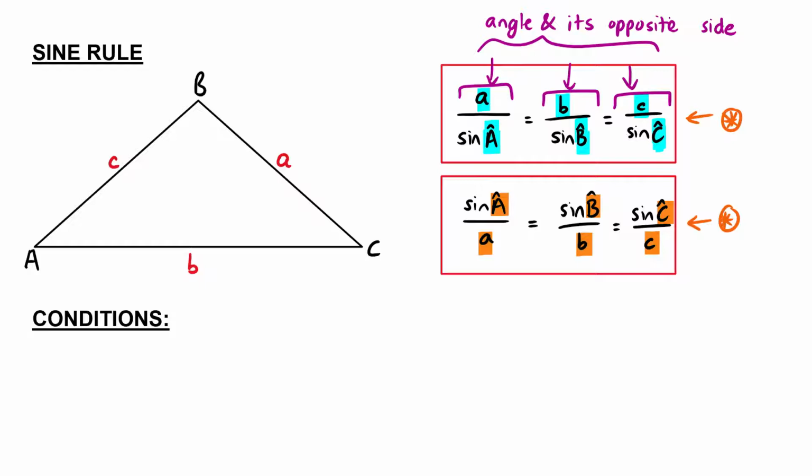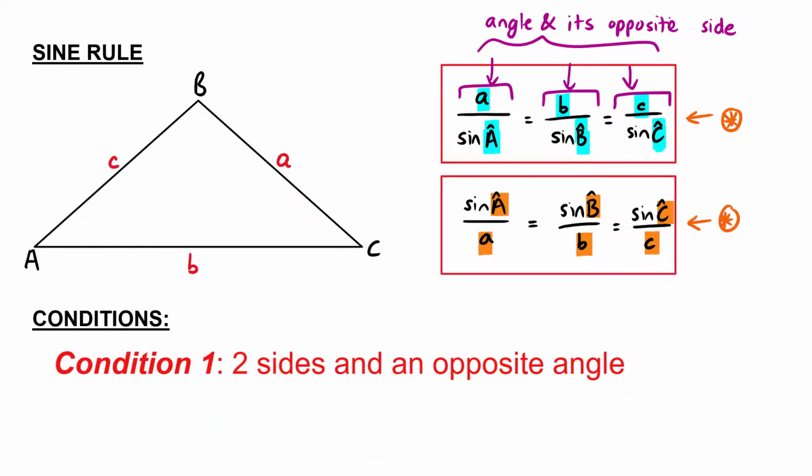And so that brings us on to the conditions that you need for the sine rule. Whenever you get to this section in an exam, you have to memorize these conditions, because by knowing the conditions, you'll be able to apply your knowledge a lot more easily. The first condition is that you need two sides and one opposite angle, or you need two angles and one opposite side.